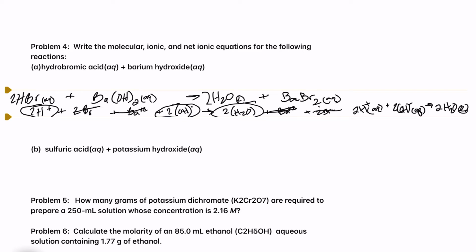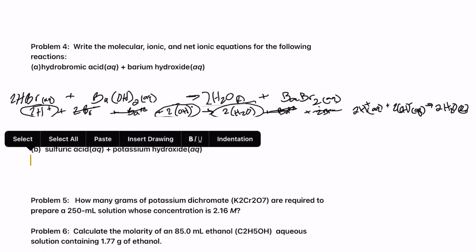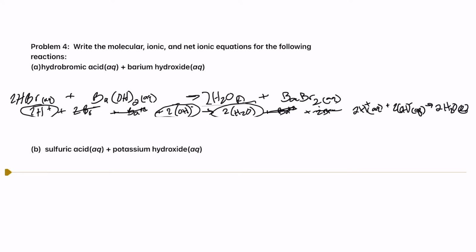Part B has us look at sulfuric acid and potassium hydroxide. And remember that if it is hydro something, it is just H and one element.